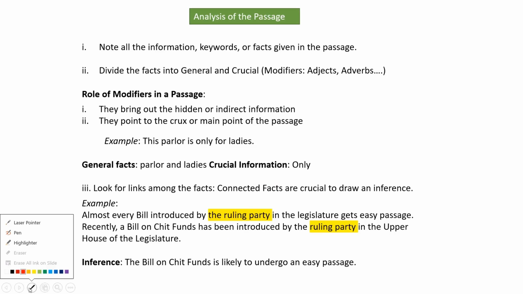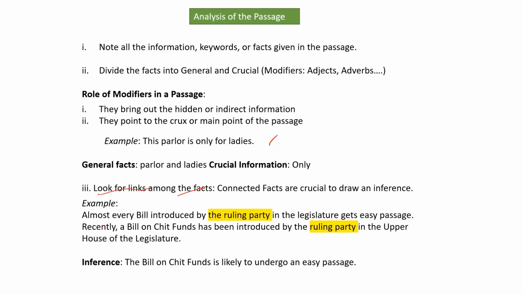Yes. The third rule is look for the links, right? So look for the links among the facts. That means there are some facts or some keywords which are connected. And these connected facts are crucial to draw an inference.